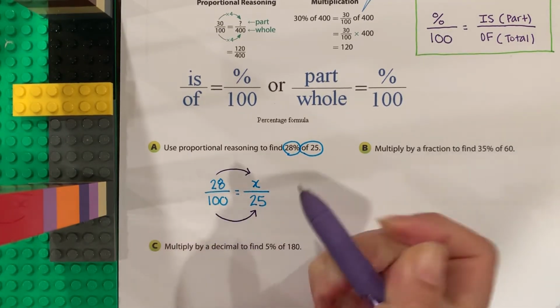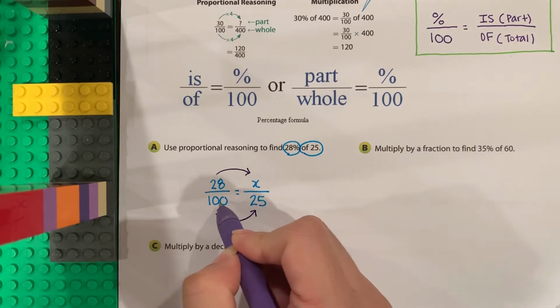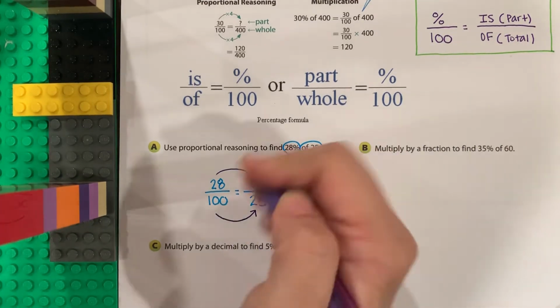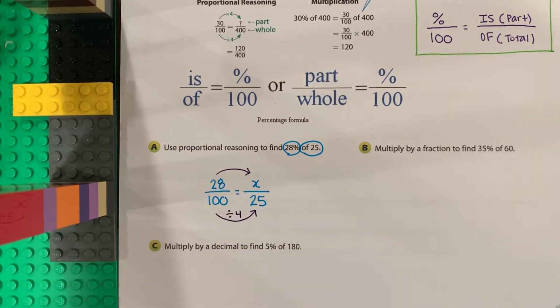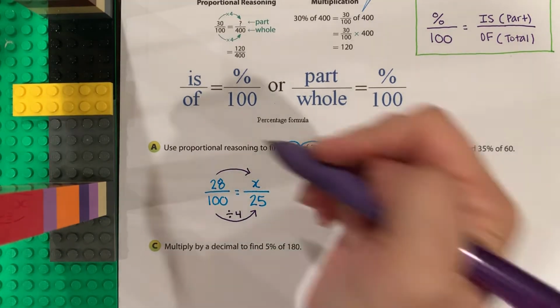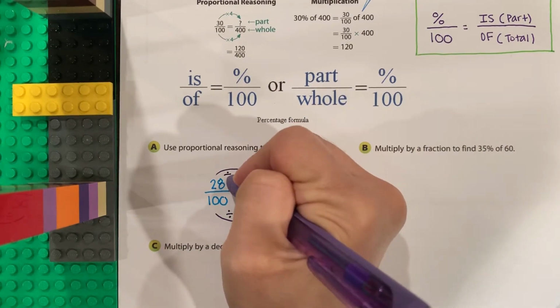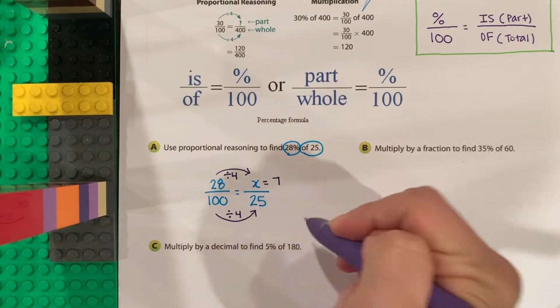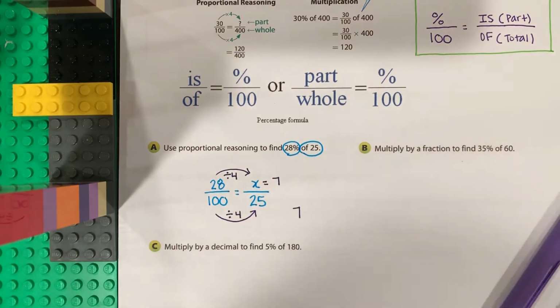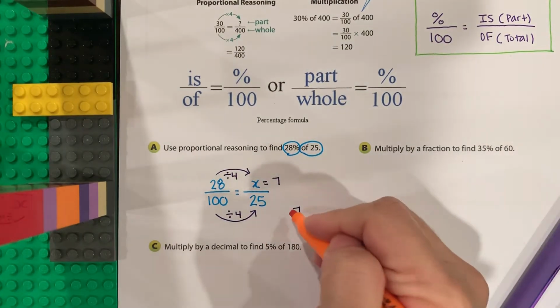You need to think about how you can get 100 into 25. Hopefully you know that 100 divided by 4 equals 25. So if you do the same thing, 28 divided by 4, you get the answer, which is 7. And you can nicely box the answer.